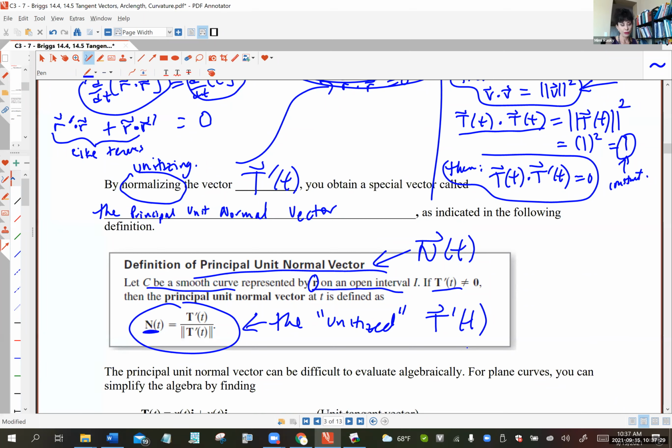You're going to find big T, take big T's derivative, then unitize that big T prime. So careful, I'm just going to write in the side margin here: big N is not equal to the acceleration vector unitized. That's not going to help you get anything. If you go get that, you get no credit.